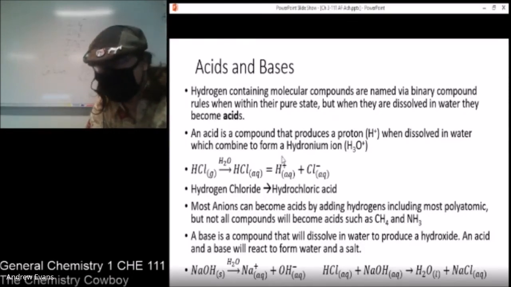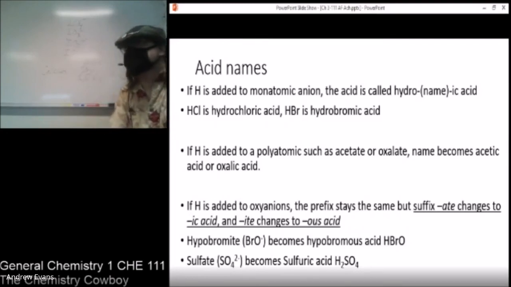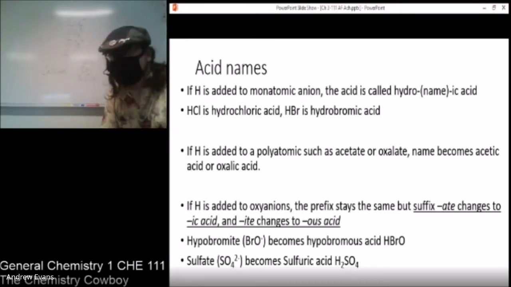But the big thing we have to worry about is naming our acids. Now, if an acid is a monoatomic anion, so that means if I have HCl, HBr, HI, H2S, we just add a hydro in front of it, and the IDE ending becomes IC acid.